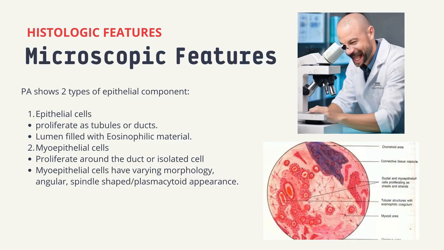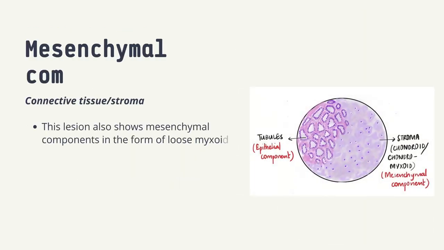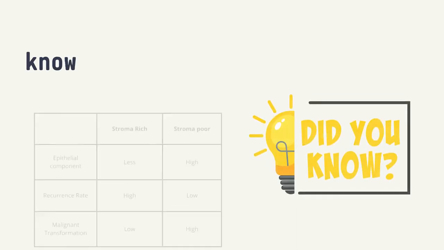These cells either surround the ducts or appear as isolated cells, and they show varied morphologies, ranging from angular to spindle-shaped or even plasmacytoid. In addition to these epithelial components, the tumor also displays a mesenchymal component. This is seen as loose myxoid tissue, along with areas that are chondroid, osseous, and even hyalinized. Together, these features give pleomorphic adenoma its unique, mixed appearance.